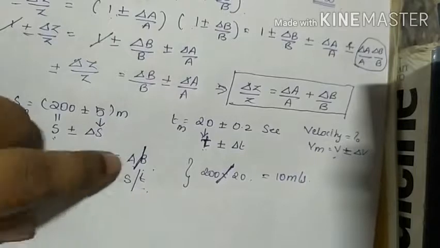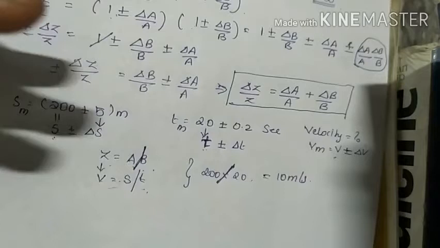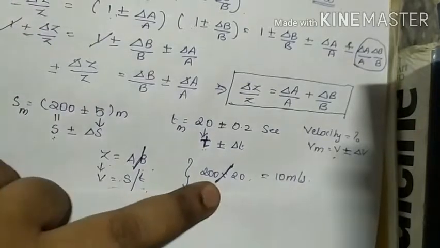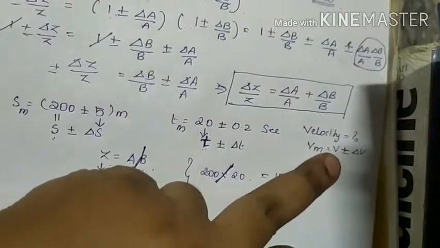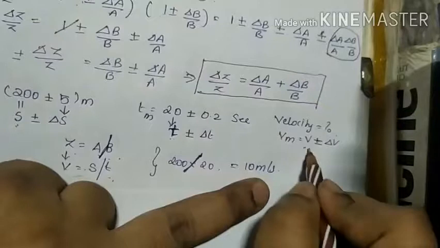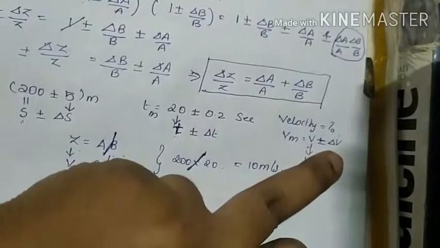So we are writing Z and AB just for you guys to relate with the previous derivation section. Clear? So you found the true value of velocity, which is 200 by 20, that is 10 meter per second. So this portion of V is 10. Now the pending section is just delta V.